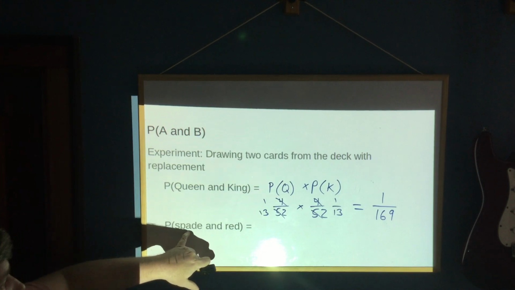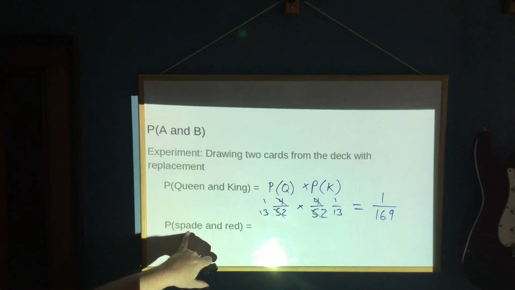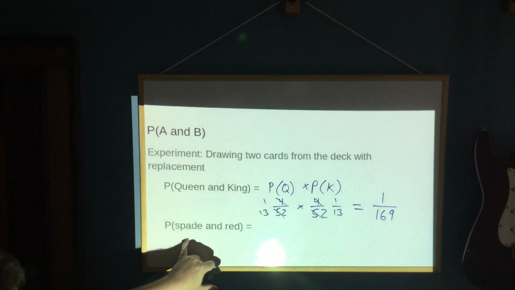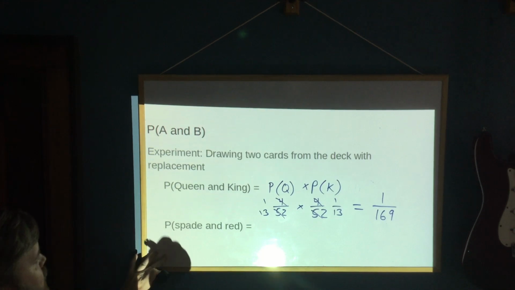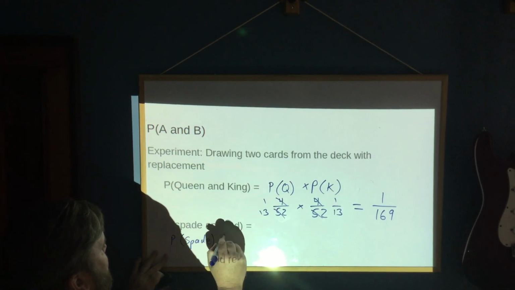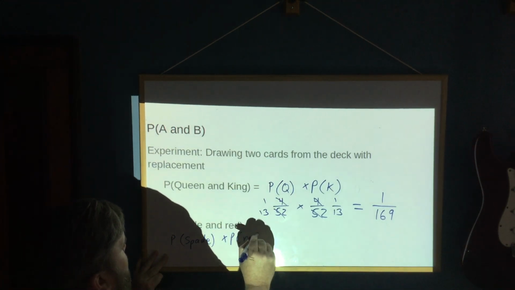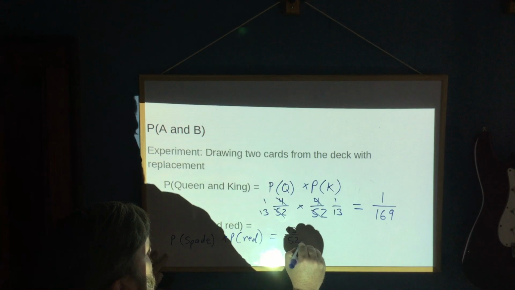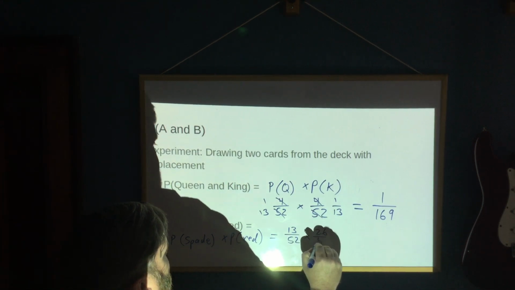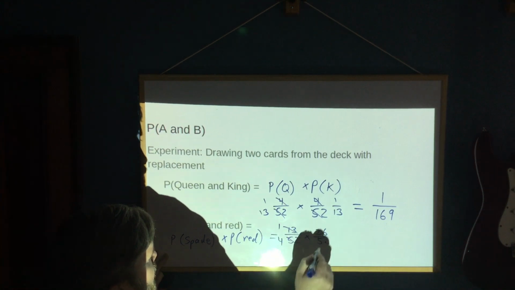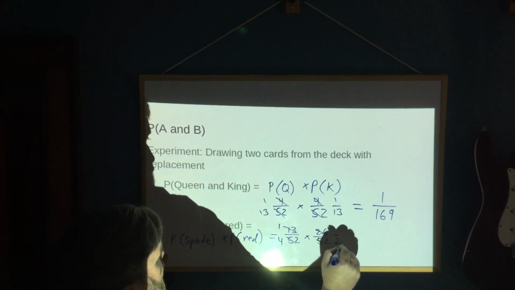Again, I'm going to draw a spade, and I'm going to put it back in the deck. So the probability of what I do here is not changed at all because I replaced the card. So that's going to be the probability of a spade times the probability of a red. That's 13 out of 52 times 26 out of 52. That's going to reduce to 1/4. That's going to reduce to 1/2.